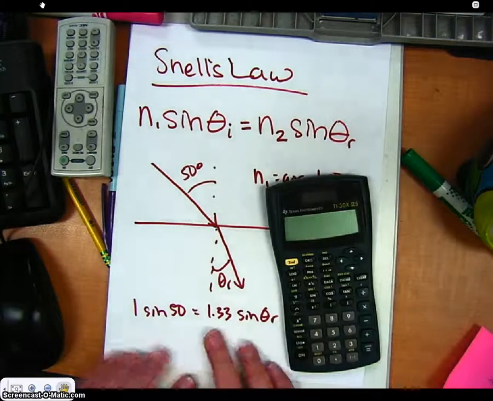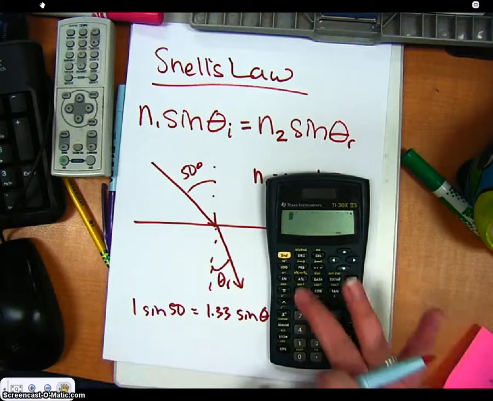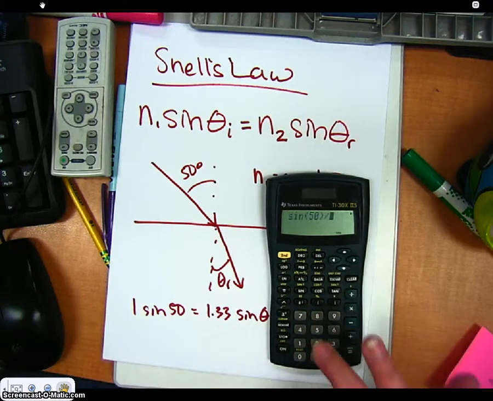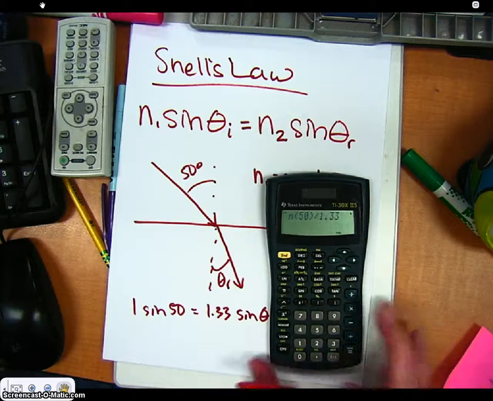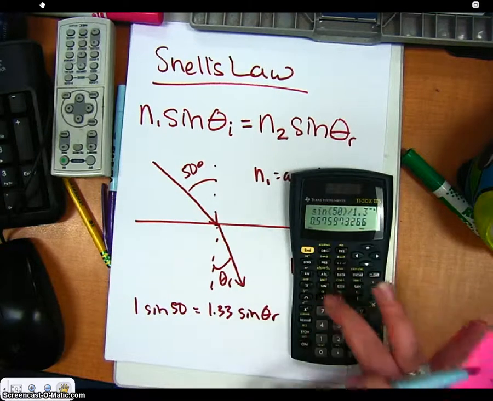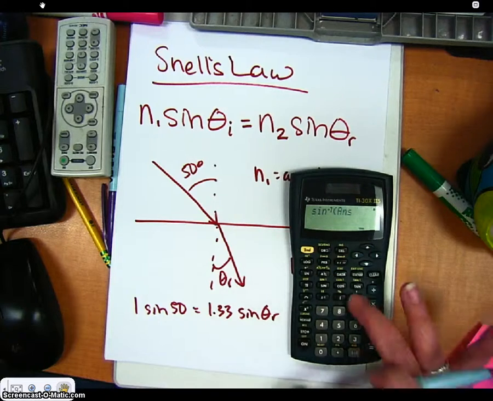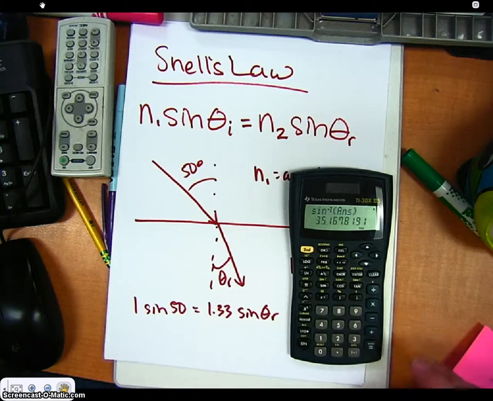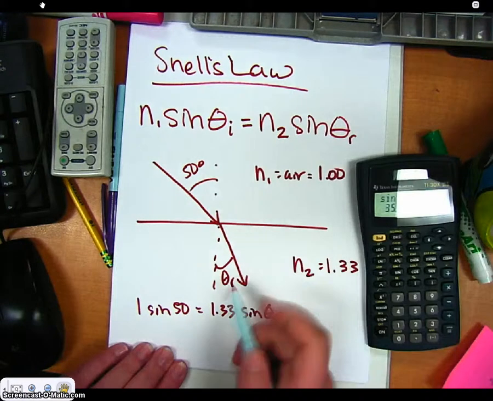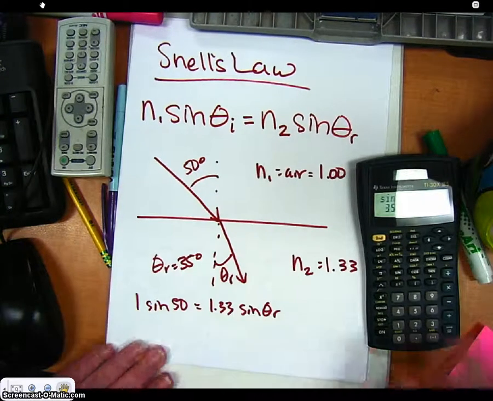In order to solve for this, I'm going to first take the sine of 50 and divide it by 1.33, and that actually gives me the sine of the angle. So to actually get the angle, I have to use sine to the -1 for that value, and I get the refracted angle is about 35 degrees. So this angle right here would equal 35 degrees.